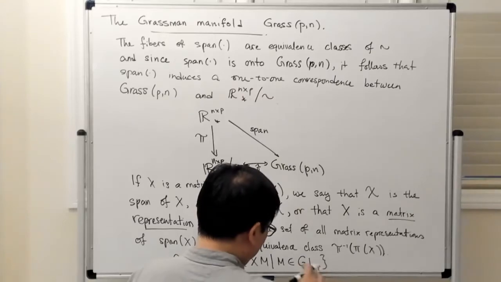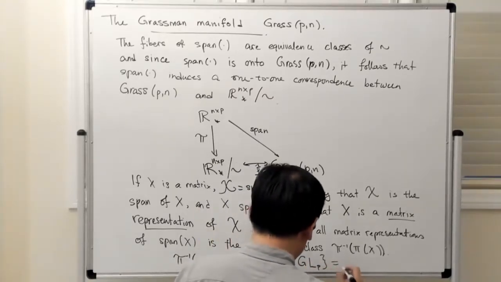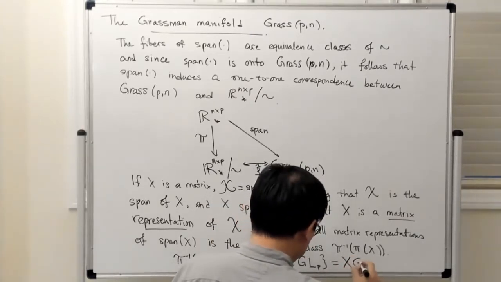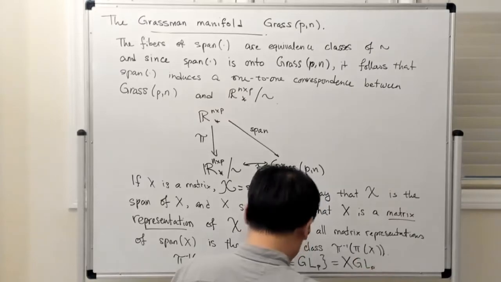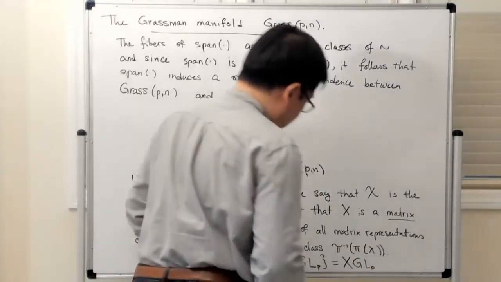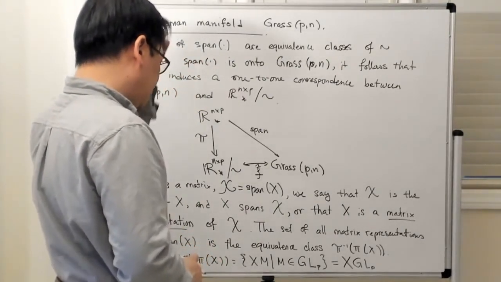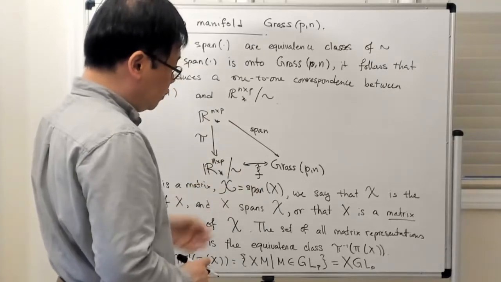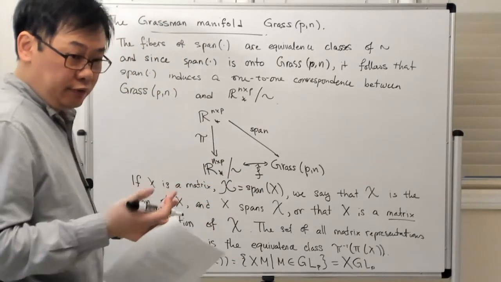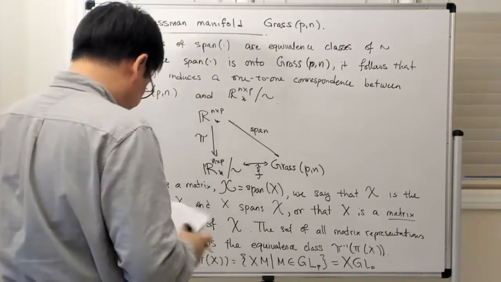So these are p by p invertible matrices. I can write this as X times GL_p. The reason, of course, is that if you have a particular basis for this p-dimensional subspace, you can convert to another basis by some invertible transformation, which is again in GL_p.